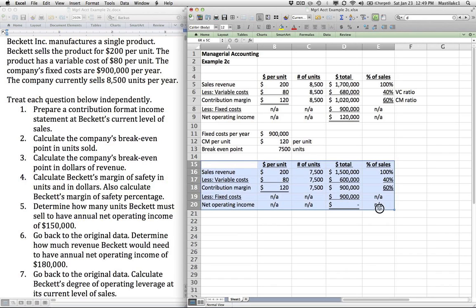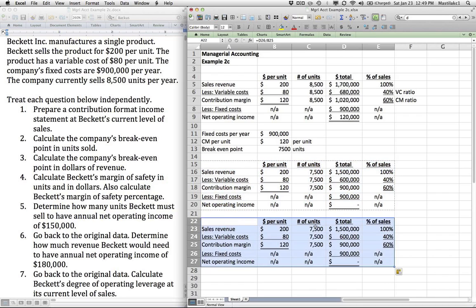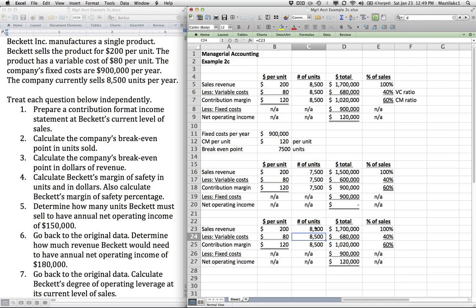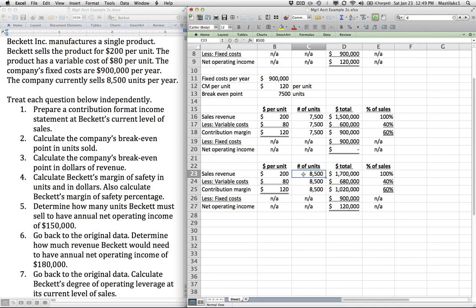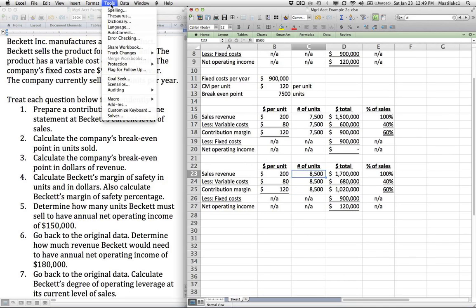There's also a third way we can do it. Let's reset this back to our original. If you're comfortable with Excel's solver function, we can use it like so. Tools, solver.